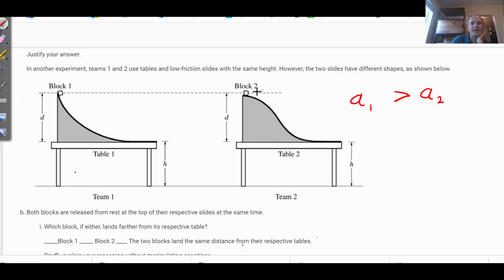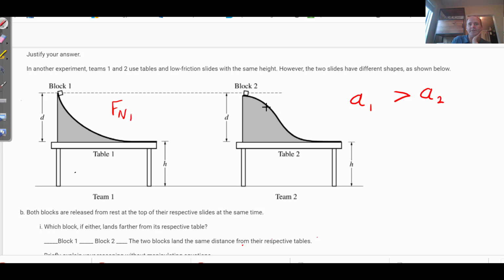All right. And there are multiple ways you can explain that. One is that the normal force from the surface pushing on the block here is less than the normal force here.